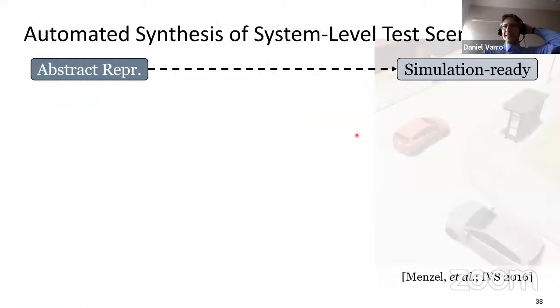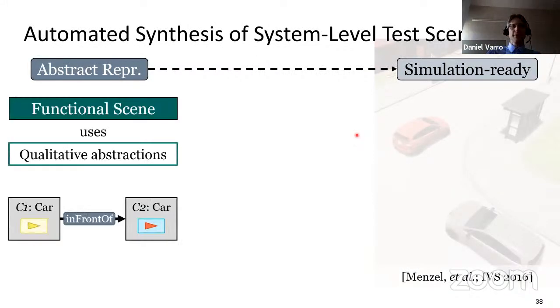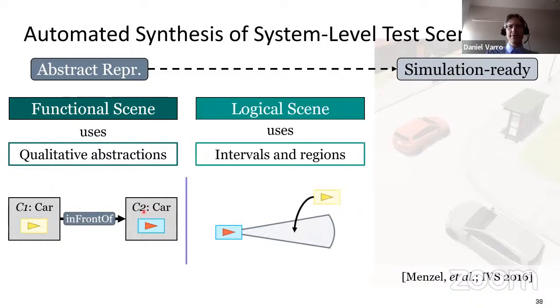And in the automated synthesis for system level scenarios, we define functional scenes as abstract, using qualitative abstractions in the form of graph models. And then these functional scenes define the respective constraints for intervals and regions.